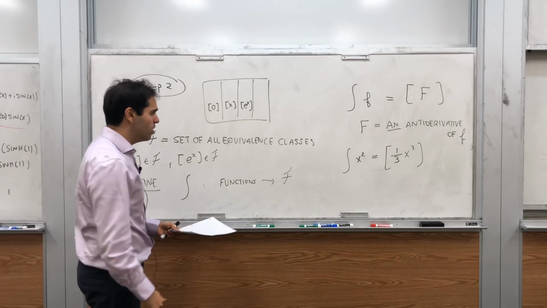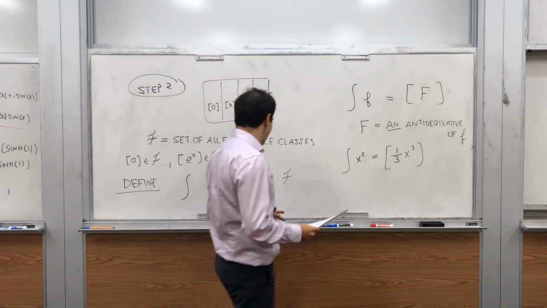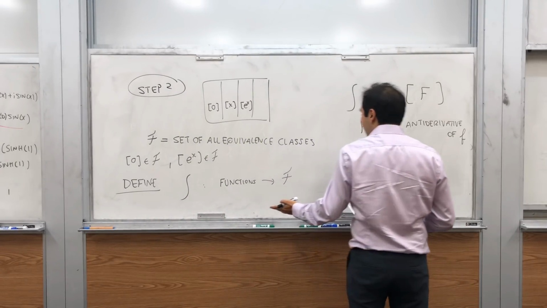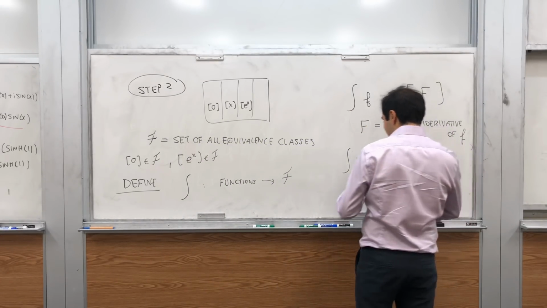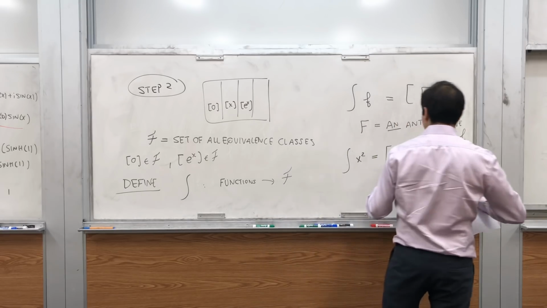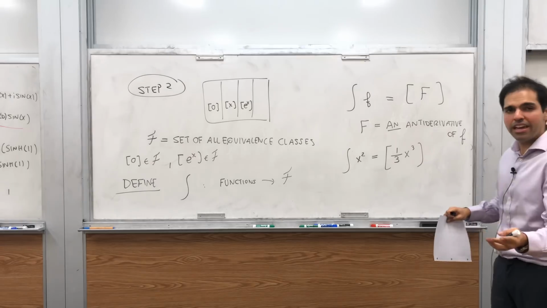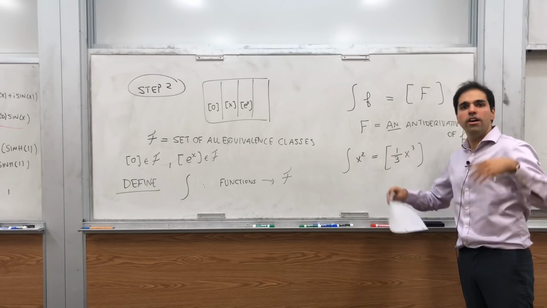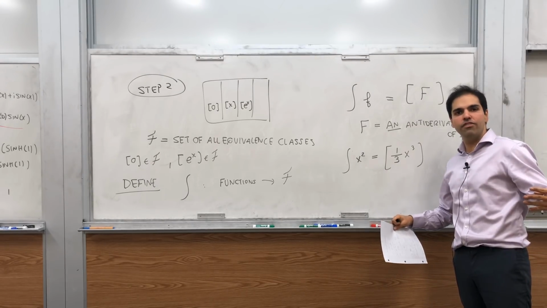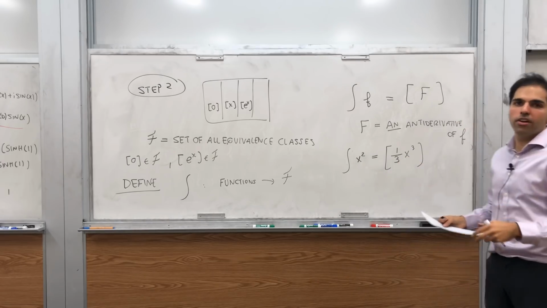One little thing though: it is in fact well defined. The question is, does it matter which antiderivative we pick? I'm claiming that no matter which antiderivative you pick, you're still in the same country.